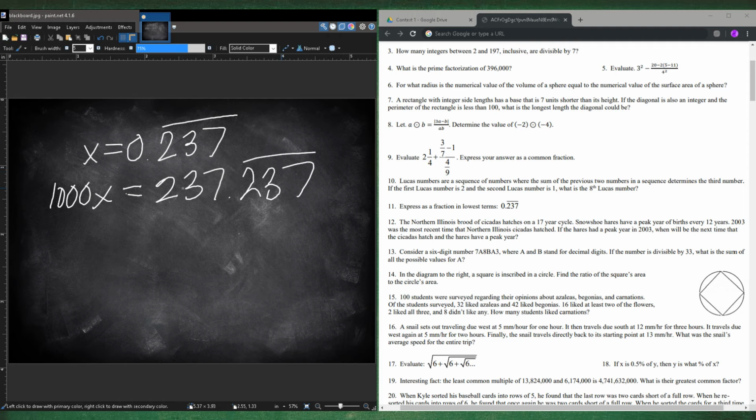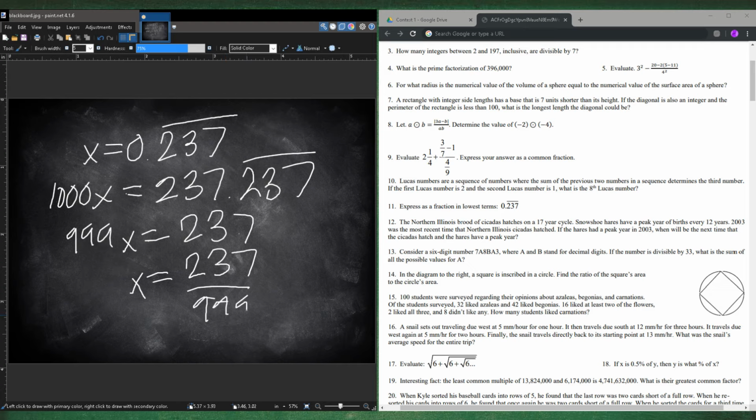It's also the same thing. So when you subtract them together, you get 999x, because right here you said 1000x minus 1x equals 237.237 minus 0.237, which is just 237. And the 237, as it repeats, also repeats as the same number, so they subtract each other. So x is equal to 237 divided by 999.